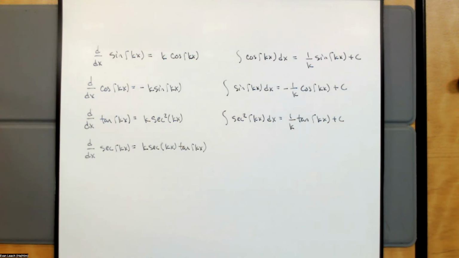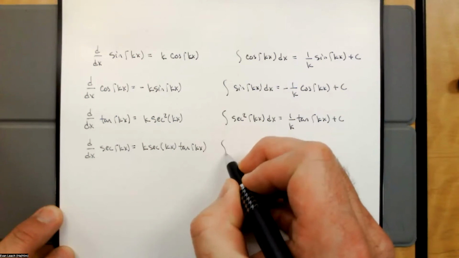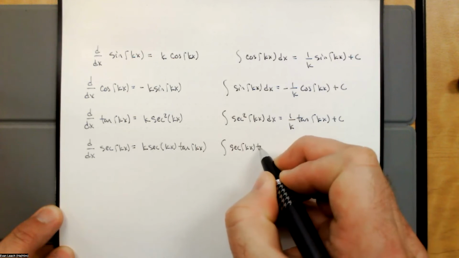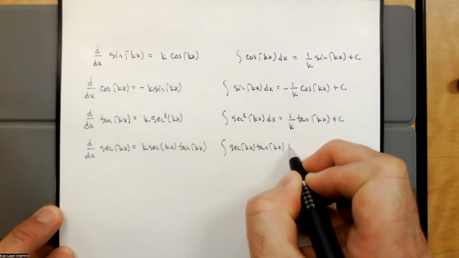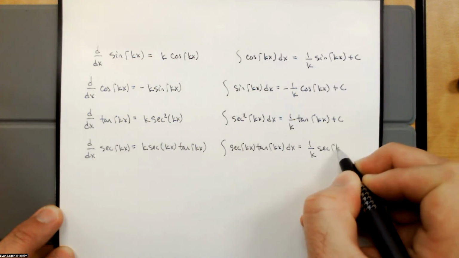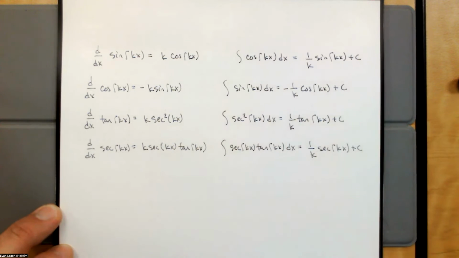The derivative of secant is secant tangent. So the derivative of secant of k times x is k times the secant of kx times the tangent of kx. So the integral that we'll look for here is the integral of secant tangent. So the integral of secant tangent is secant.